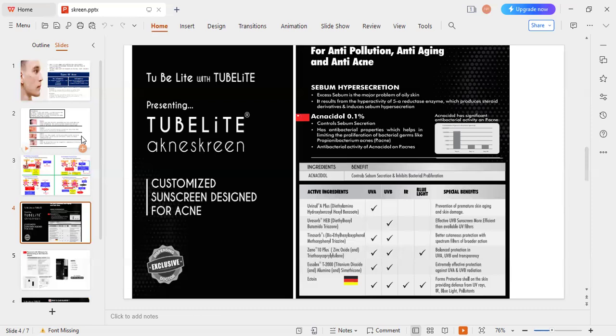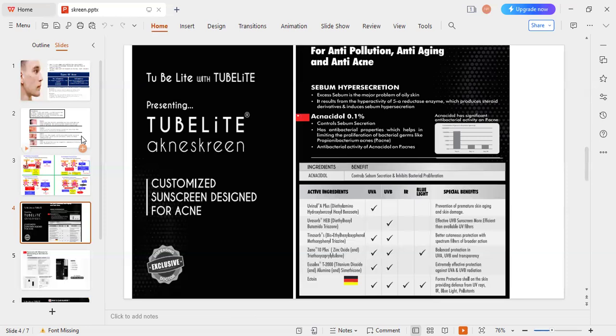Then we have Xano 10 Plus, again for UVA, UVB, and also blue light. Blue light is one of the major concerns right now because blue light usually comes from electronic devices like mobiles and laptops, which everybody is using in their day-to-day life. So Xano has a major benefit of giving protection against UVA, UVB, and blue light.